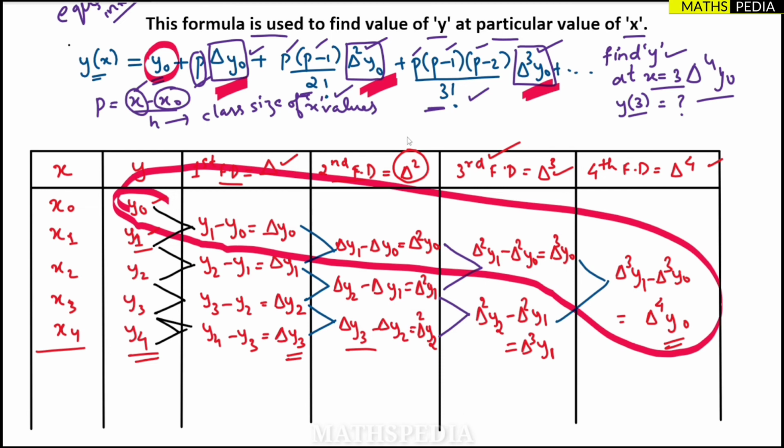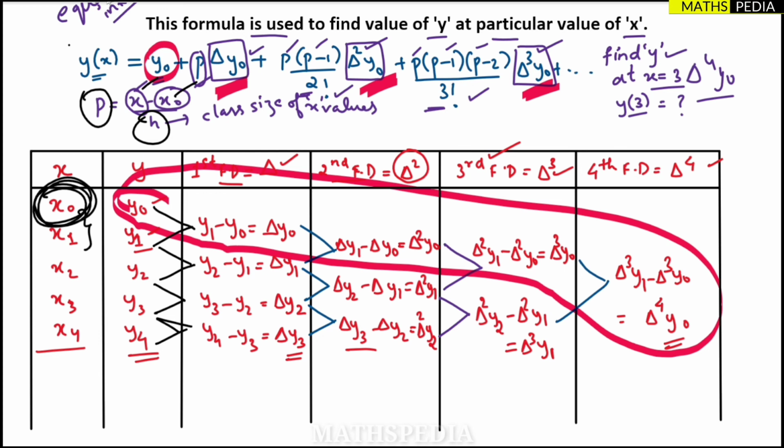So this is how you have to form the table. In this, we had discussed that we have to find p, then substitute in the formula. In order to find the x value, the question will give x0, which is nothing but the first value of the x column. Then h is nothing but the class step, or class size, which will be common. If I take x0, x1, x2, x3, x4, the gap between these values will be the same.